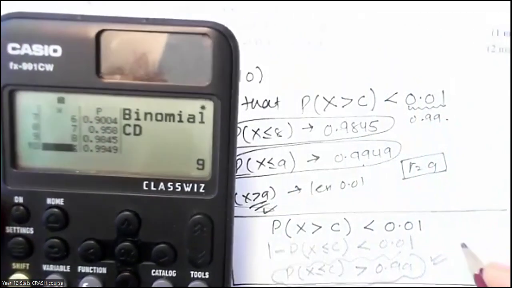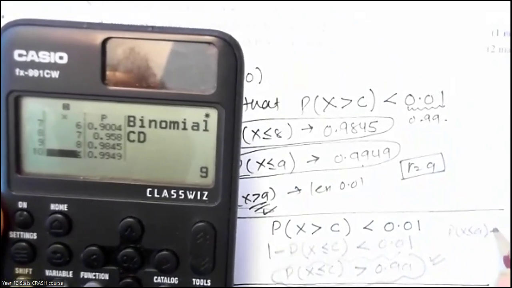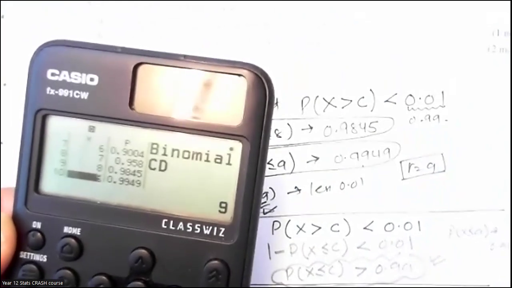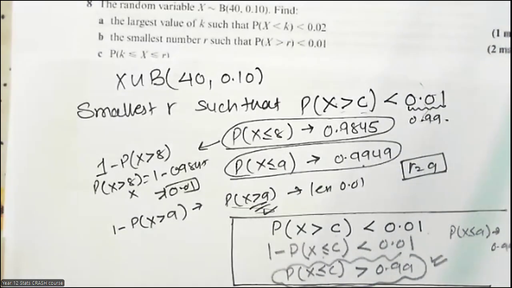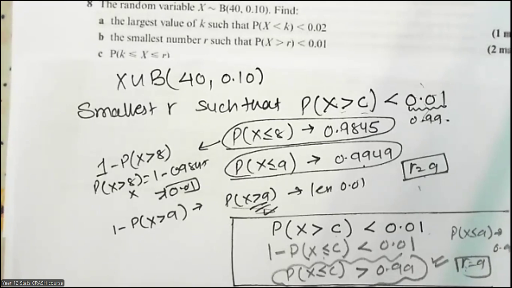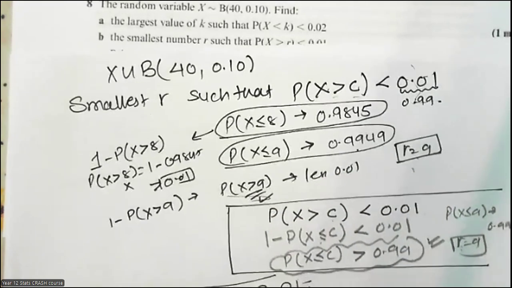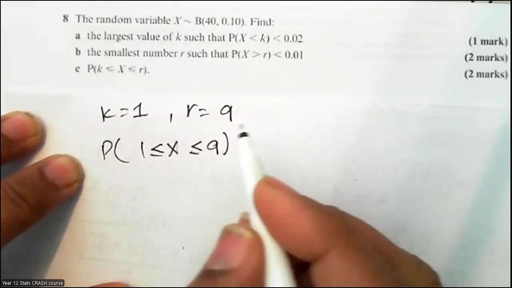So guys, when x is less than or equal to 9, this becomes 0.9949, and that's what we wanted. Okay, so that means our R is equal to 9, as we got using the tables as well. Try and reflect on it. I will use this skill again with a little shortcut in the hypothesis testing video. Part C is straightforward.